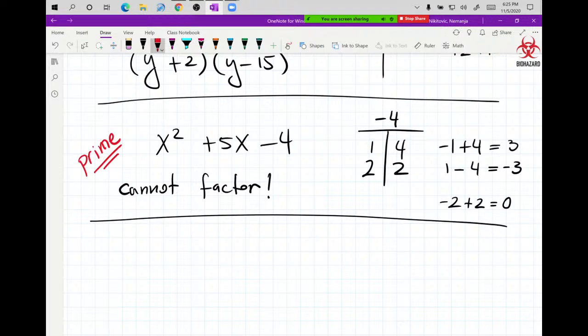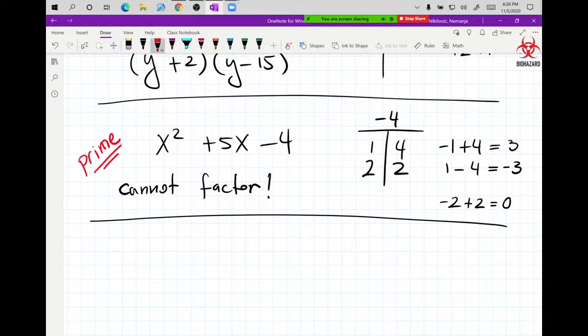Just like numbers, like number 13 is prime because it cannot be factored, so it's called prime. Number 8 is not prime because 8 could be written as 2 times 4. 15 is not prime, 3 times 5, right? But number 7 is prime, 13, 11, right?